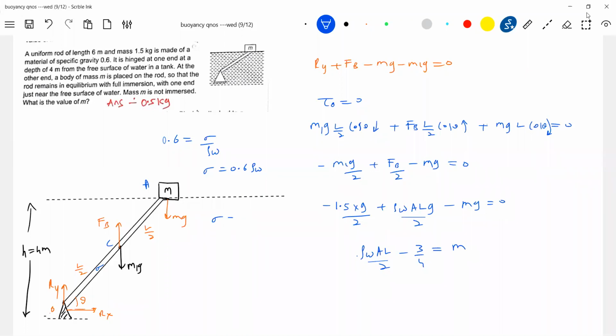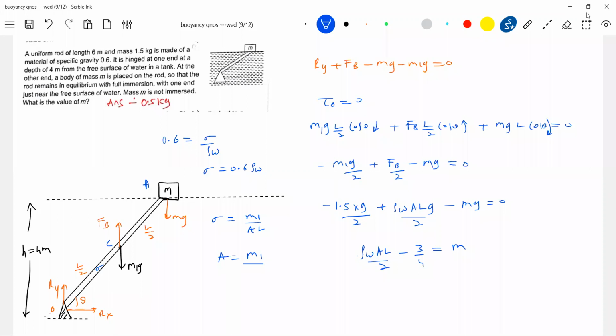Density is equal to mass by volume. So what is now A? You can write it in place of A.